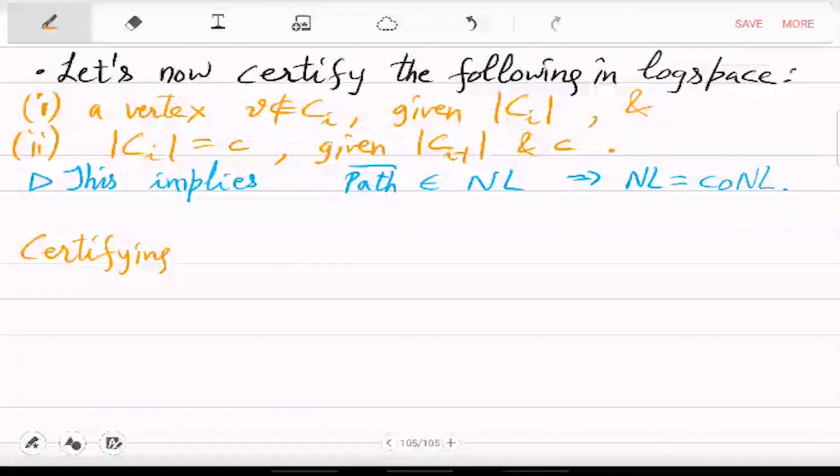So certifying V not in Ci given the size. Okay, so how is that done?